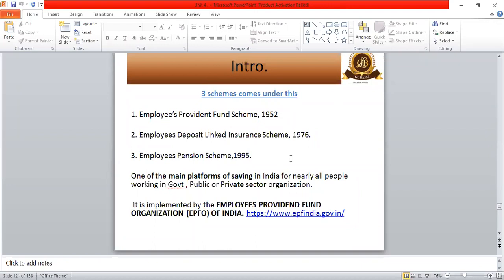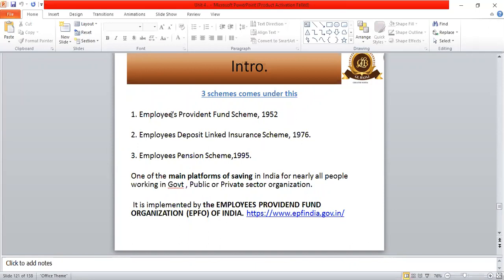All these three schemes have different specialities. They provide different benefits to the employee in different terms, and the deduction from the salary happens in different forms as well. So when your salary is being deducted for contributing to the Employee Provident Fund, this fund is not just formulated for the employee provident fund, but it also consists of the amount for the insurance scheme and the pension scheme.